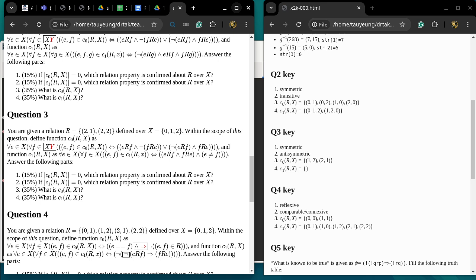In this case, the C1 has an expression right here. This is the actual expression: ERF and FRE and E and F are not the same.